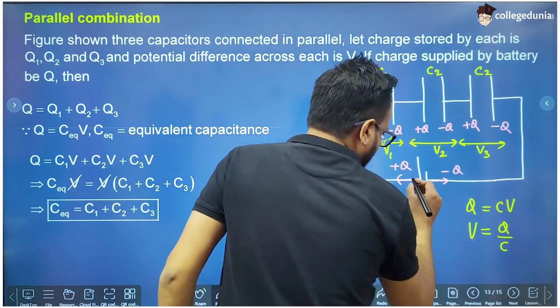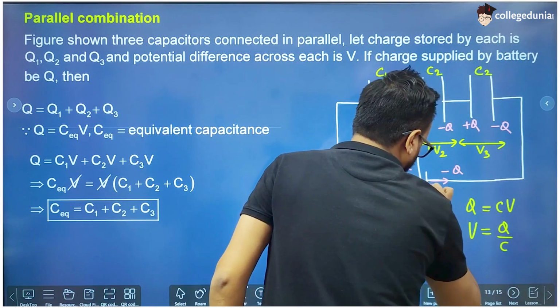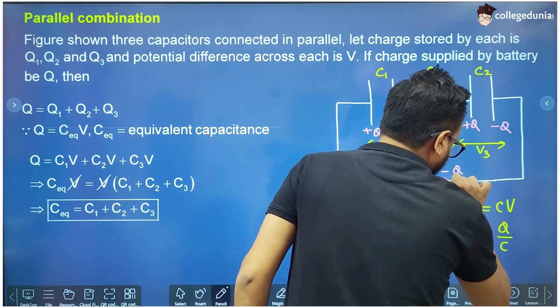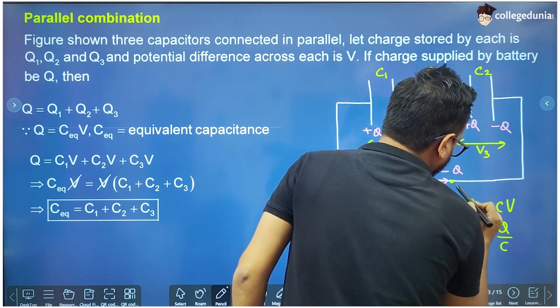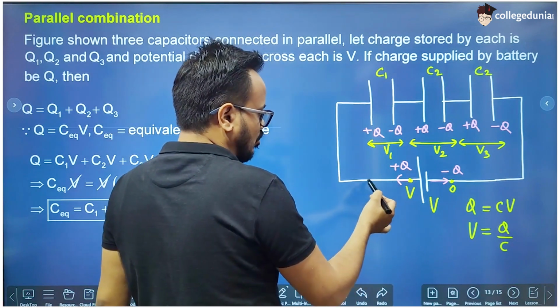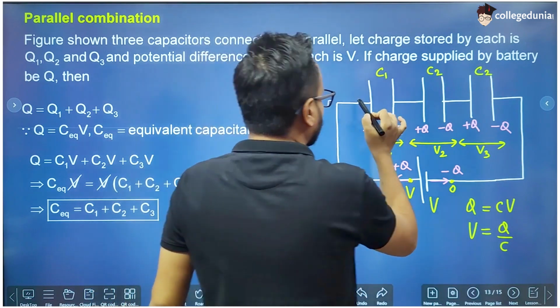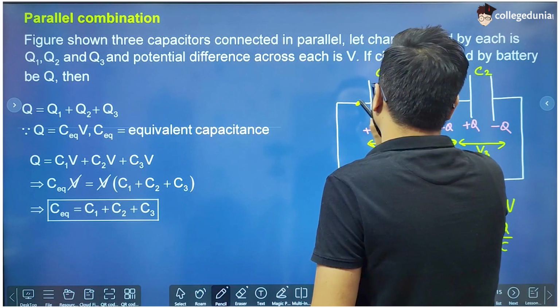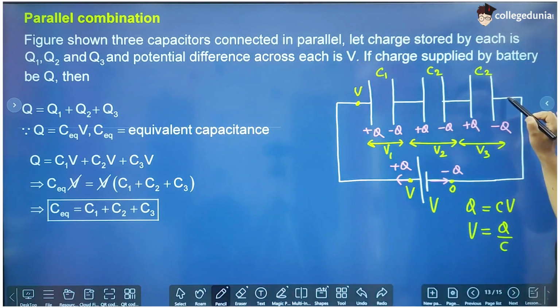And since the battery voltage is V, let us take the positive terminal at V potential and the difference is V. So the negative terminal will be at zero potential. And since there is no component from here to here to here, this point will also be at V potential and this point will be at zero potential.